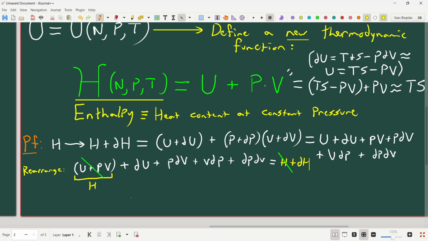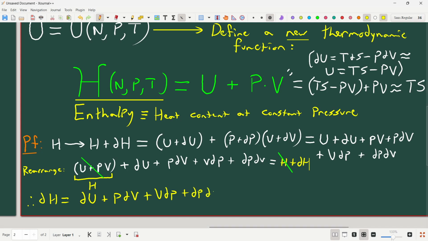And we're left with the change in enthalpy is equal to the change in the total energy plus PdV plus VdP plus dPdV.